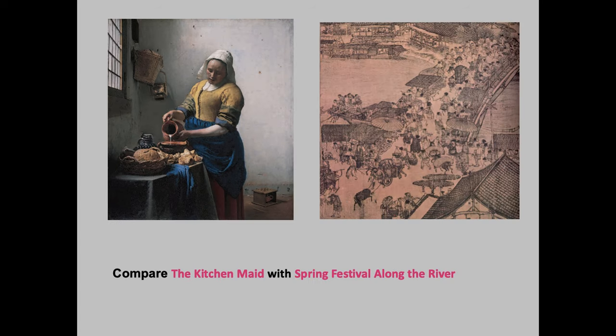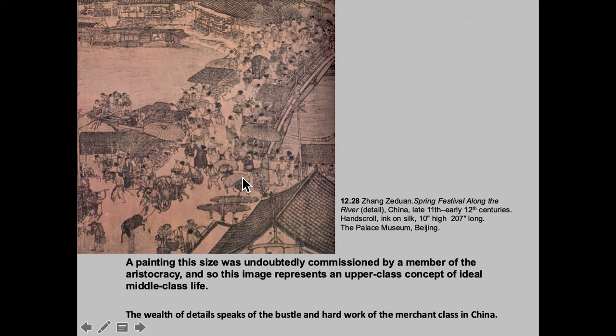So we can compare with the Spring Festival Along the River in Asian culture, as opposed to this image in Europe. We are here in China, and this is the Spring Festival Along the River. It's a little bit earlier than our other piece, 11th and 12th centuries.